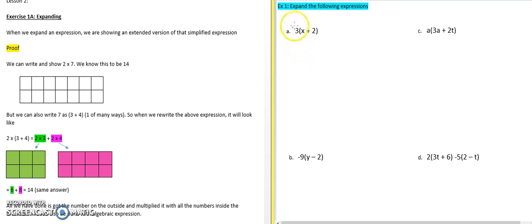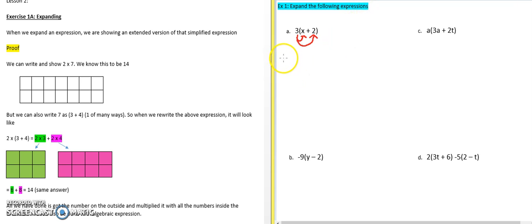Whatever's on the outside, remember there is an invisible times between the 3 and the bracket. Whatever is on the outside here, we're going to multiply with the first term, in this case 3 lots of x, and then also multiply with the second term, 2.